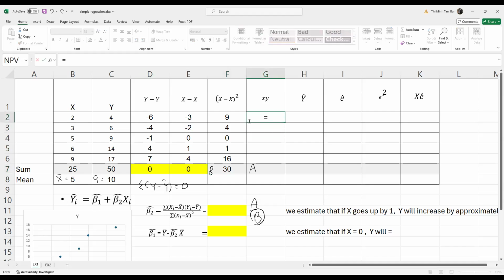So equal x minus x bar multiplied by y minus y bar here. And then do it for all and sum.